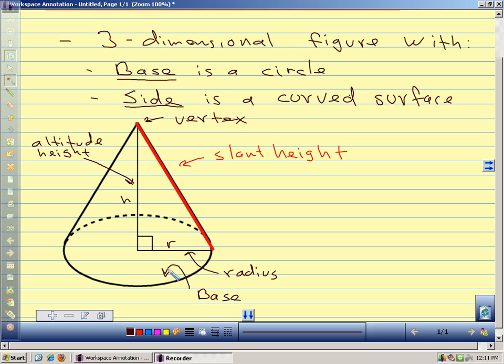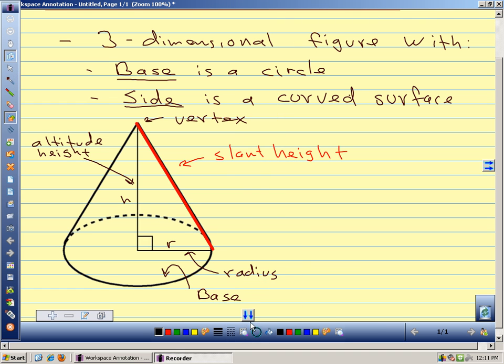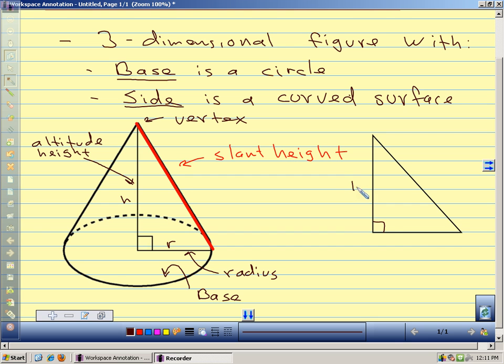Now, like we talked about with pyramids, I want to point this triangle out. So let me draw that separately. I'm going to come over here, and we'll draw a triangle. So with a cone, we always have this right triangle with the height, the radius, and the slant height.